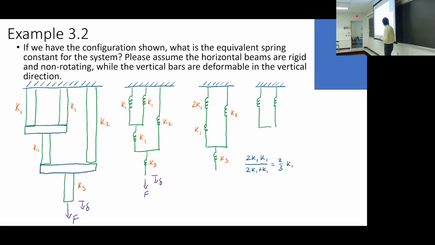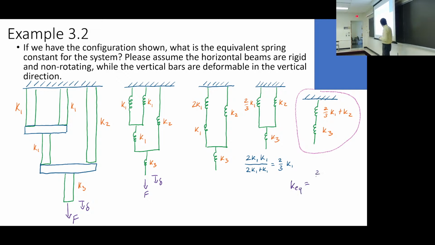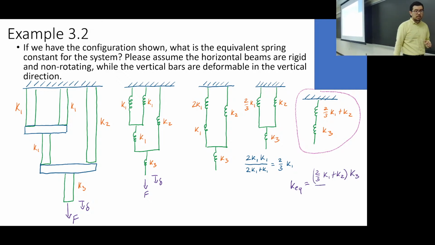And now we're going to put these in parallel with each other. After I've got an effective spring constant there, I have to put these two in series with each other, and the final result, the equivalent spring constant, will be something like this.